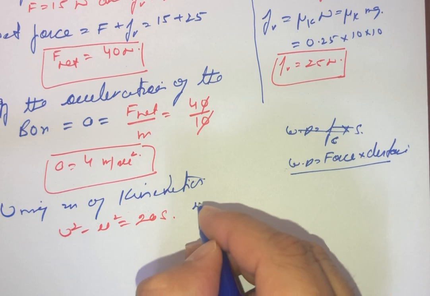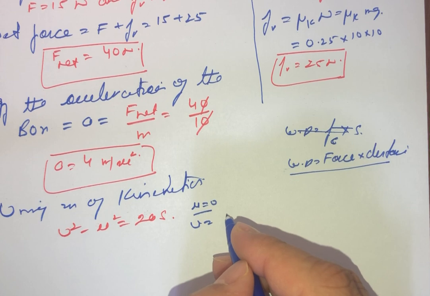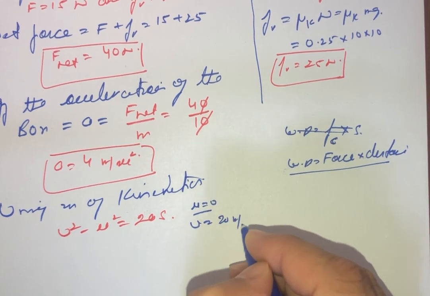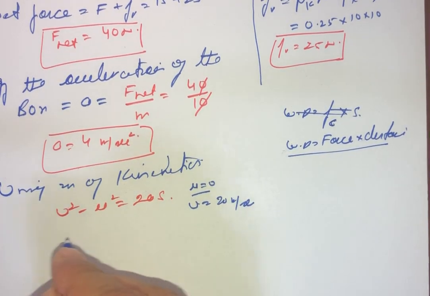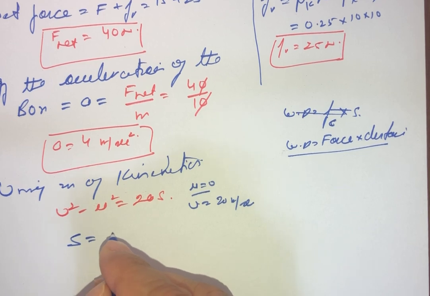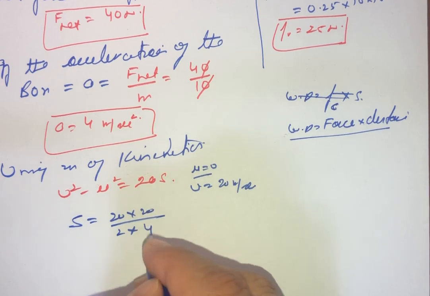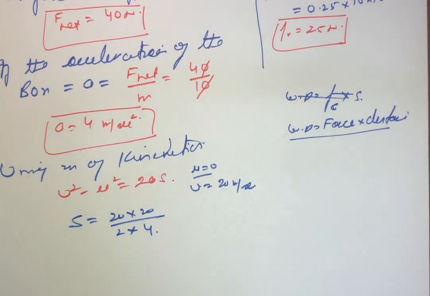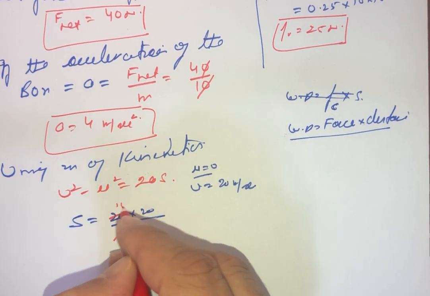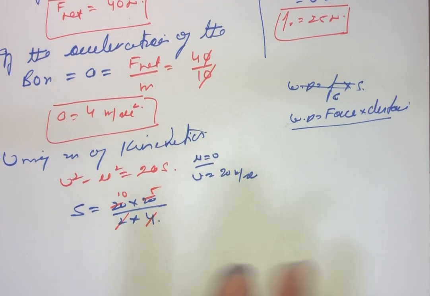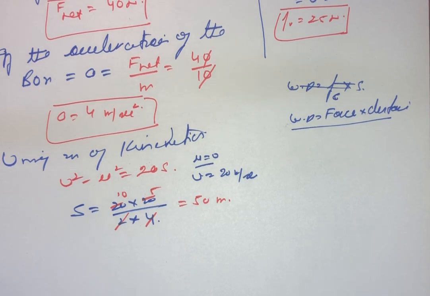U is 0 and v is 20 meter per second. So we can find out our distance s. So s will be equal to 20 into 20 divided by 2, acceleration is 4. So this comes by 10 and this comes by 5. So distance will be 50 meters.